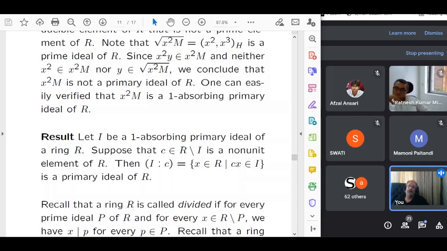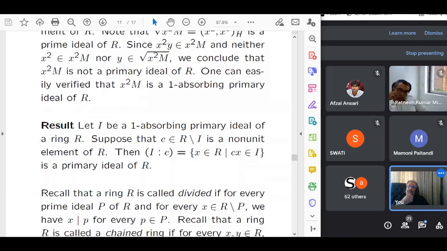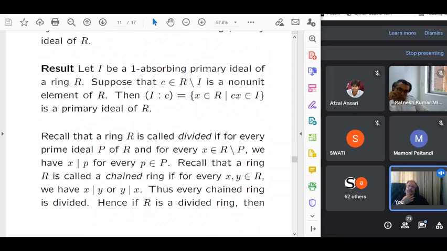So here is a way to construct an ideal over this ideal that is primary. And this is divided. The first, I think, the person who started that, David Dobbs, considered divided domains. And later on, I generalized this to divided rings.